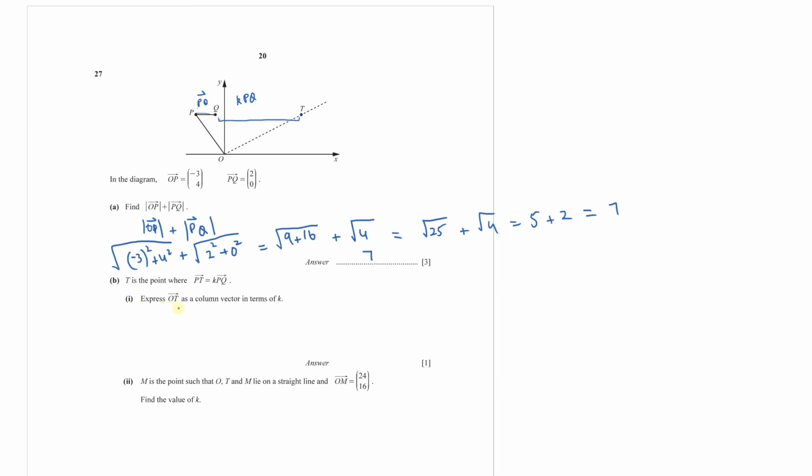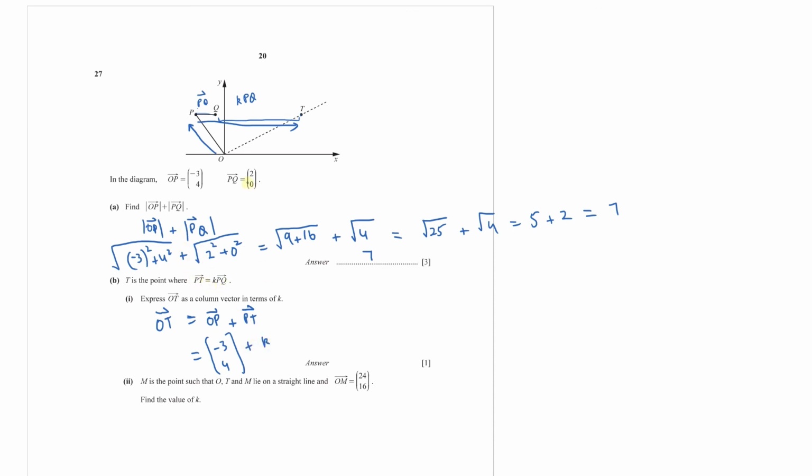You have to express OT as a column vector in terms of K. So I can write OT as, if I go in this direction, OP and then plus PT. So this will be OP plus PT. I'm given OP is (-3, 4) as a column vector, plus PT, which is K times PQ.